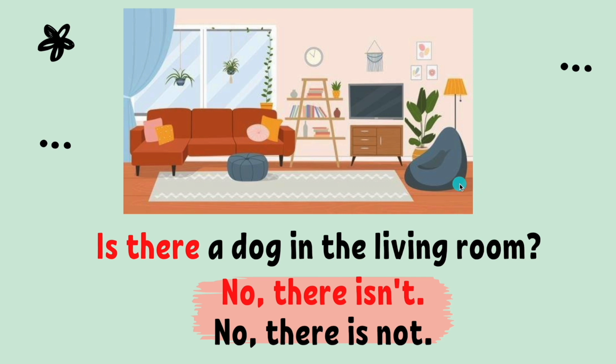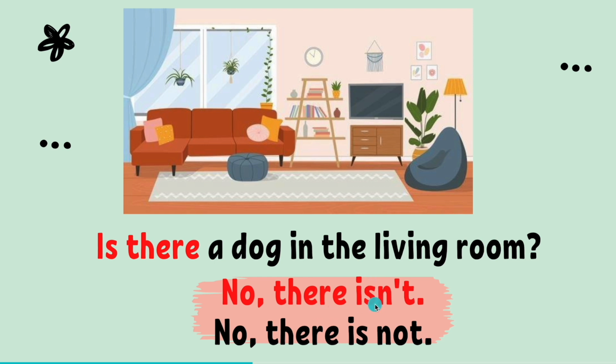There's no dog. Okay, jadi kalau tak ada anjing ataupun tak ada that object, cara untuk awak jawab is no, there isn't. Maksudnya apa? Tak ada anjing pun dekat ruang tamu. Another way for you to answer is also no, there is not.